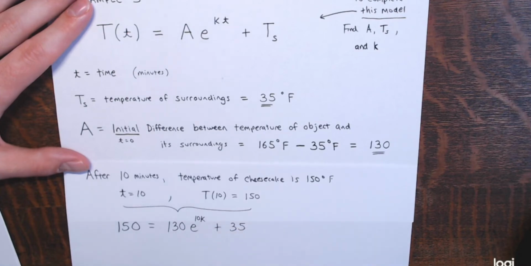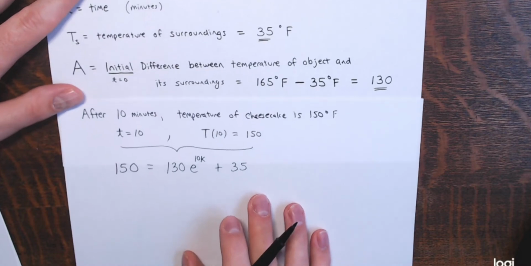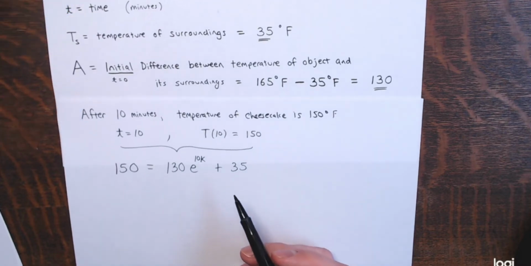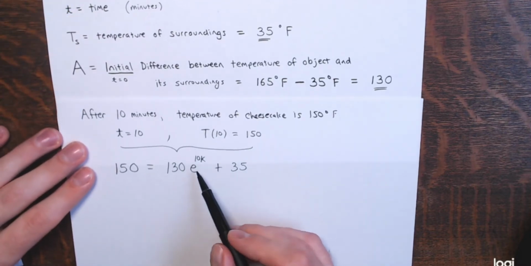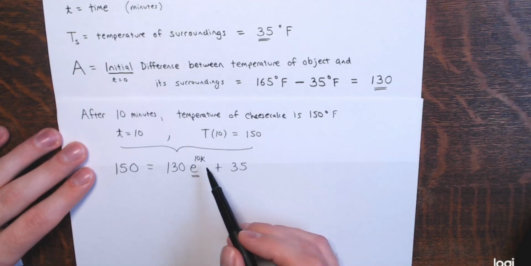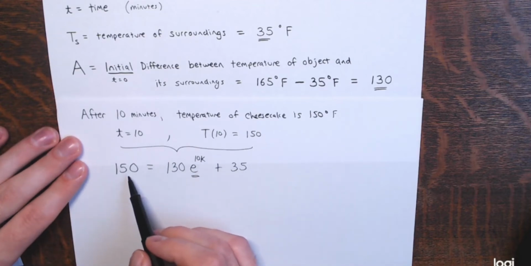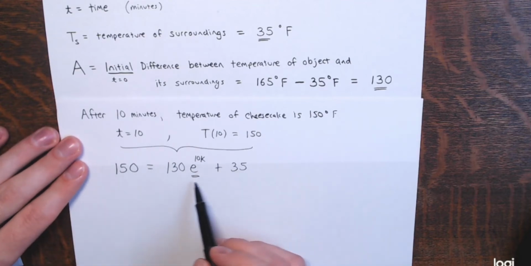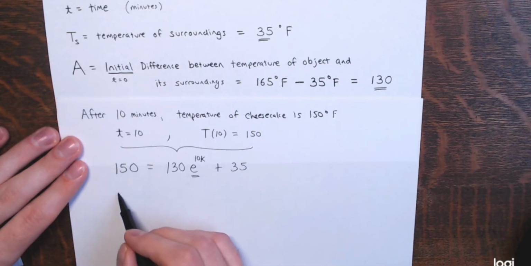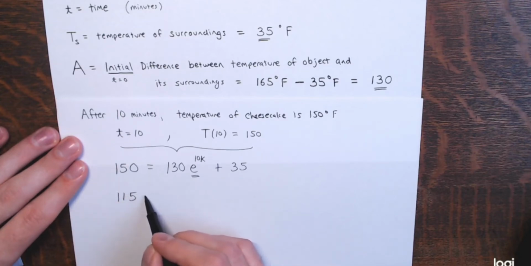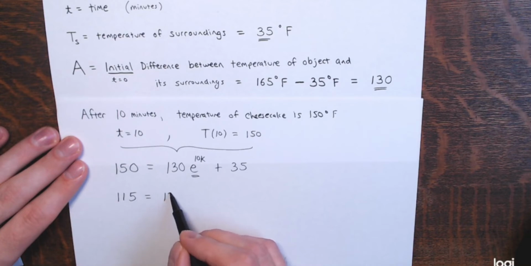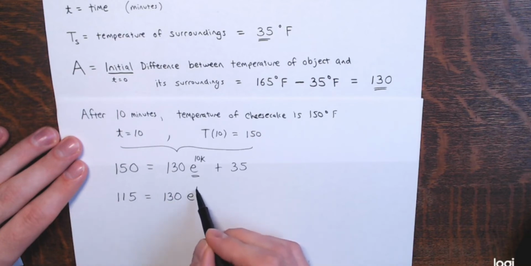And I solve this for K. And you should know how to solve such a thing. Get this base in power alone. So I subtract 35. 150 minus 35 would be 115 equals 130 times e to the 10k.